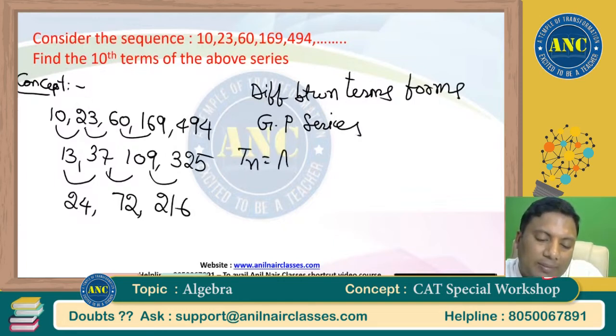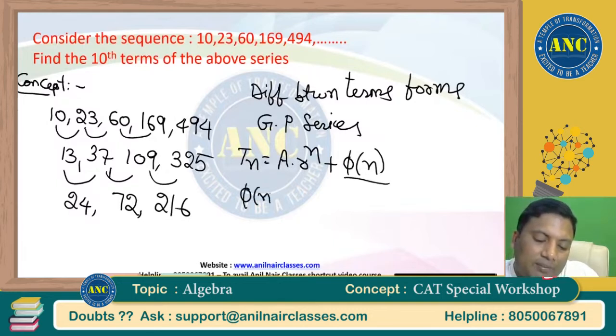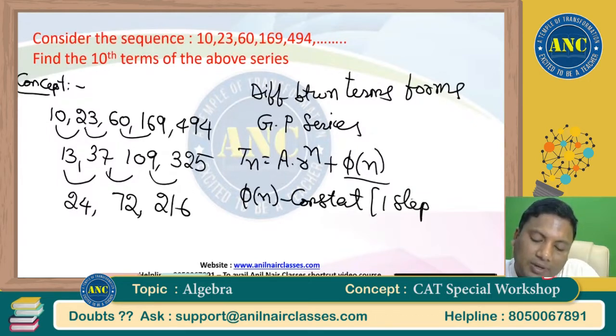Tn is nothing but A into R power n plus phi of n. What is phi of n? Phi of n will be constant. If the difference between the terms forms a GP series in one step, phi of n is linear.